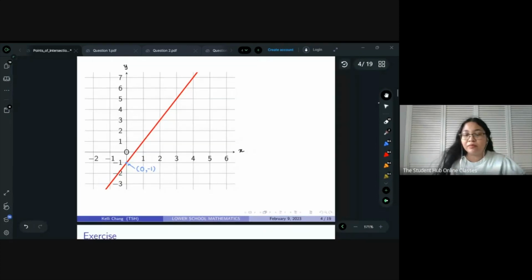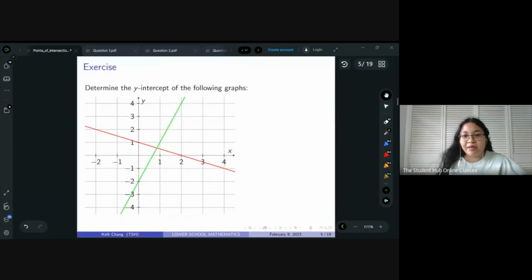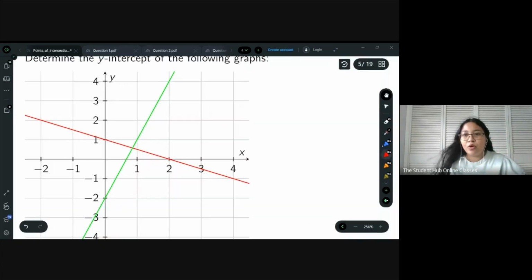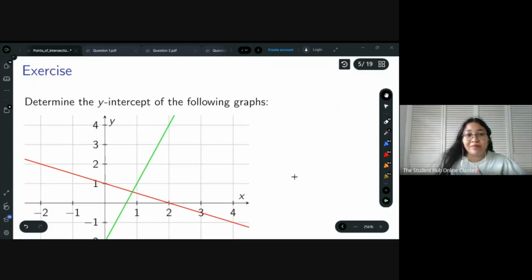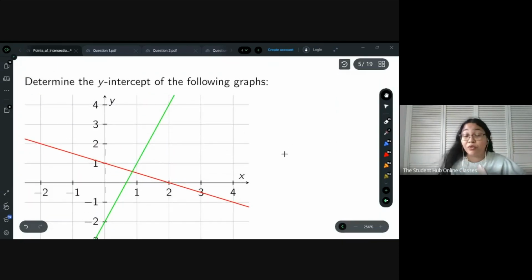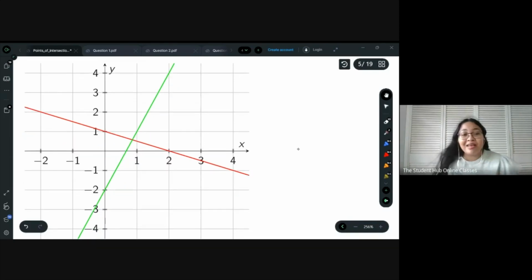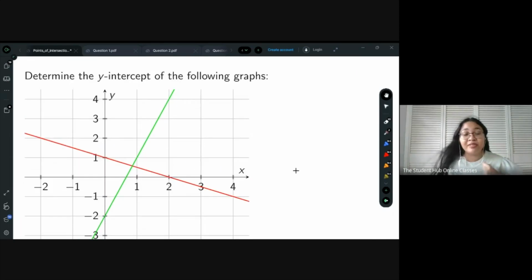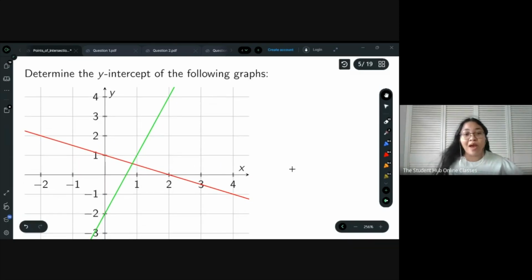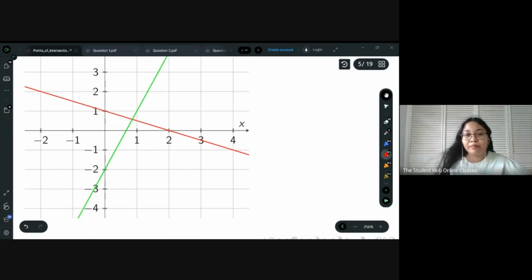So I have two graphs here. Right? I want you all to determine, I'm not giving you the function, the rule, but just looking at the graph, I want you to determine for me what the y-intercept is going to be. Okay, let's call the red one f of x and the green one g of x.